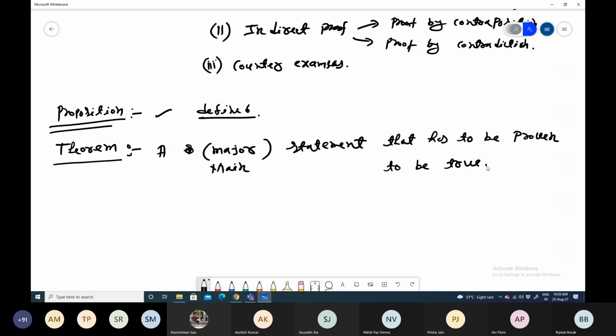Okay. So what is the difference between a theorem and a question? So if I ask that show that root 2 is irrational, okay, then that is not a theorem. It is not a theorem.